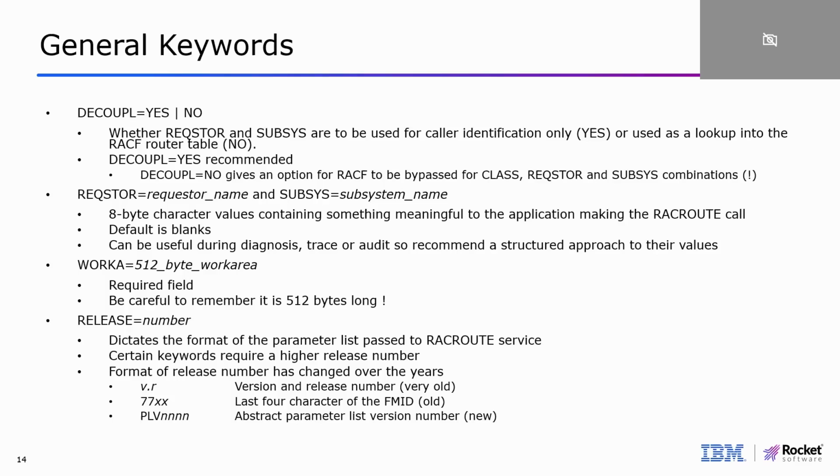The very old format is RELEASE equals version.release. It's going back a long way. Then RACF changed that to be the last 4 characters, the FMID. So you could have 77 something something. The more modern approach now is to go along that sort of convention of PLISTVER. They have PLD and a number. Okay, so this is what I'm using now, PLD, and then you have some digits. I think I'm currently using 00001. Okay, so that is what I use on all my RACROUTE calls.